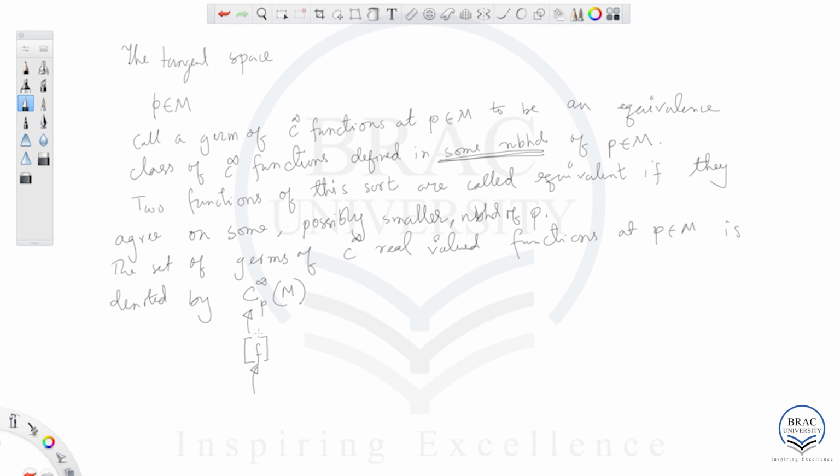Suppose f, with a subscript P to emphasize that they are germs of smooth functions at P in M. This is an equivalence class. If we add two equivalence classes, meaning that we are adding two elements here, the definition of addition in this set is given by this.